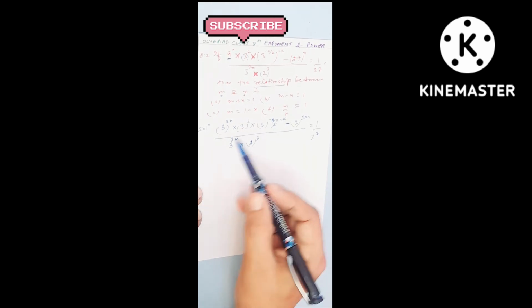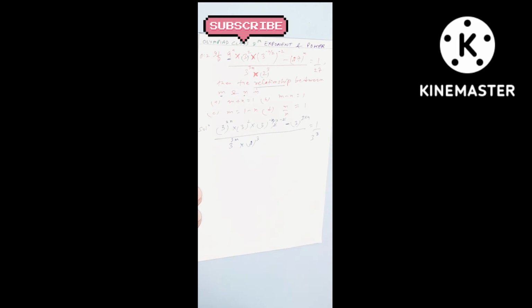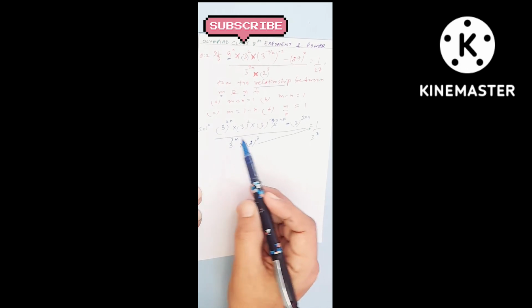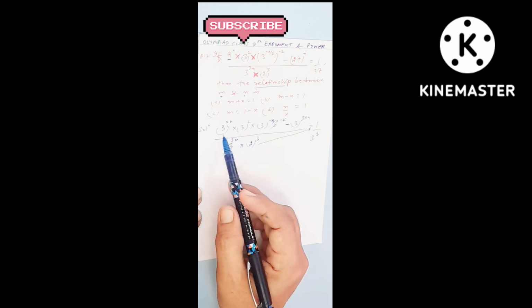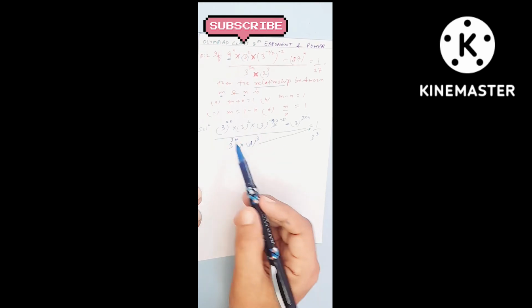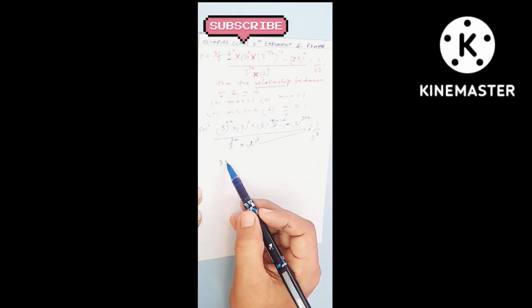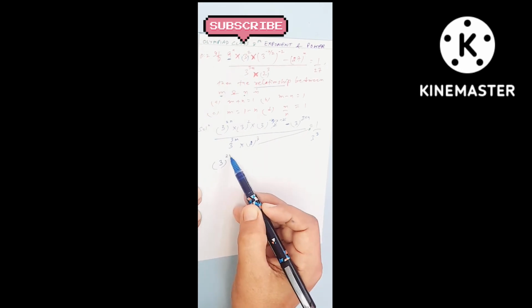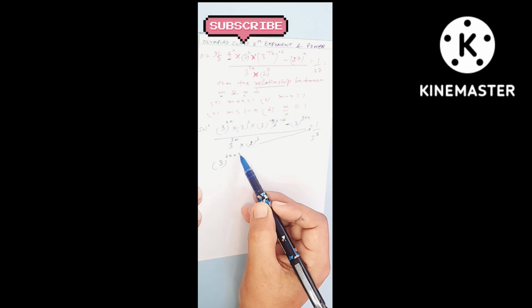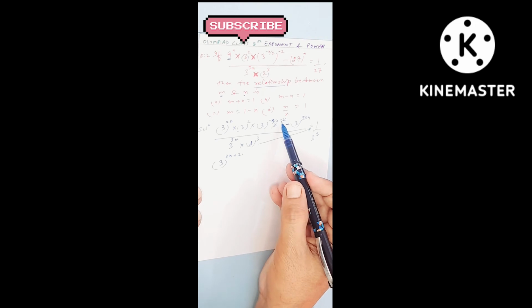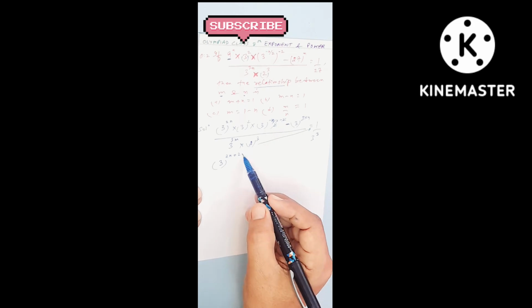So this 2 raised to the power 3, we can bring it on this side. So the next step will be what? You know the bases are same. If the bases are same, the powers, because they are in multiplication, get added. So 3 raised to the power 2n plus 2, and this will become minus minus plus.